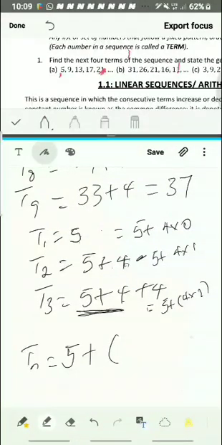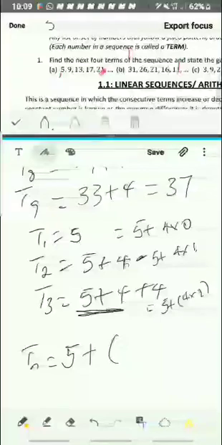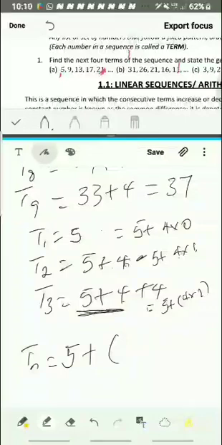Okay, so when you watch closely, you see 5 plus 4 times 1, 5 plus 4 times 2. Each multiple of 4 that we are adding to this 5 is 1 less than the term given. Look at this case now. When 4 was nothing, 0 is 1 less than 1.